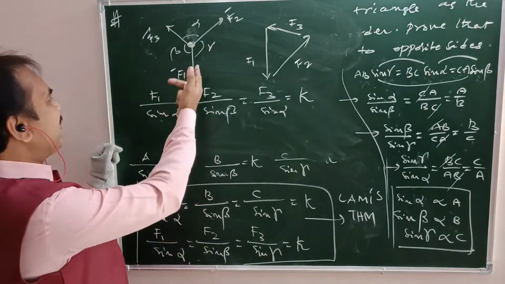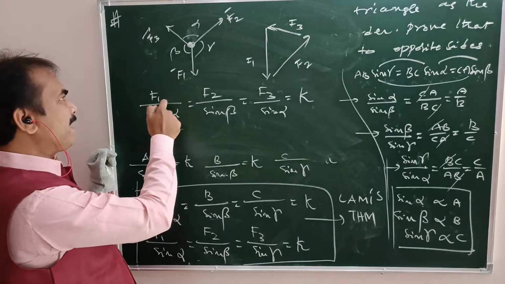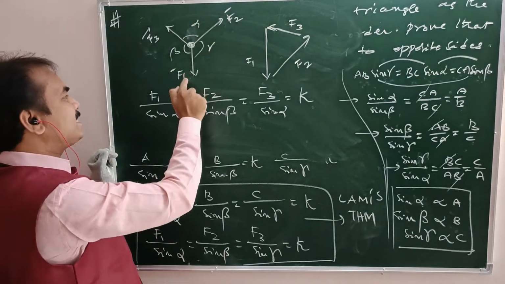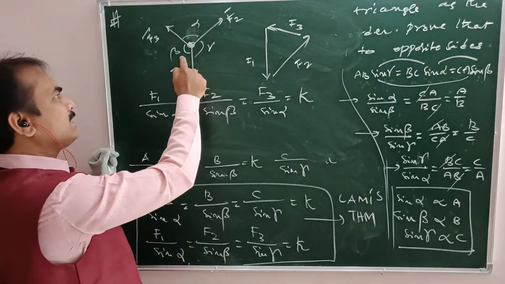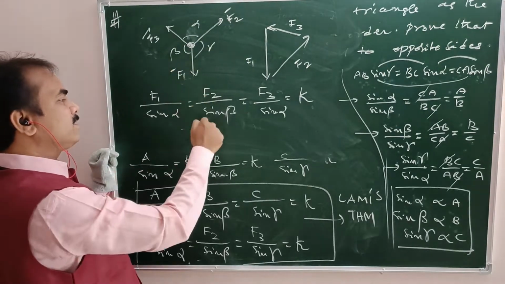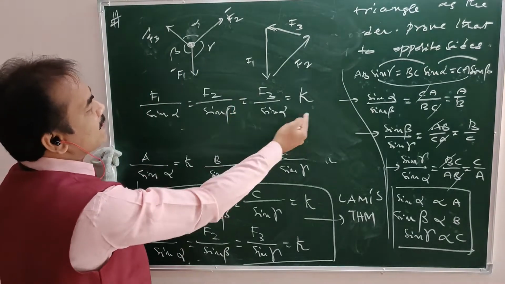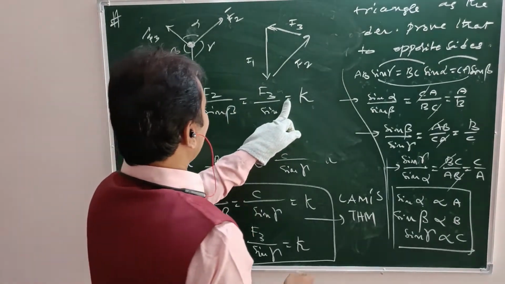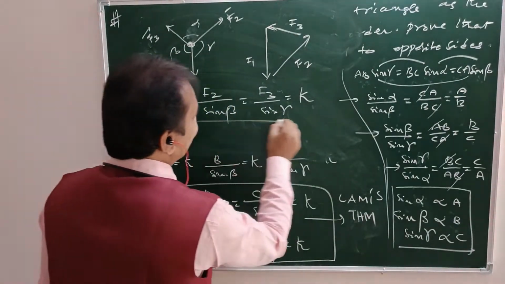You can take any force, either F1 or F2 or F3. F1 by sin alpha equals F2 by sin beta equals F3 by sin gamma, equal to a constant. This is what Lami's theorem is.